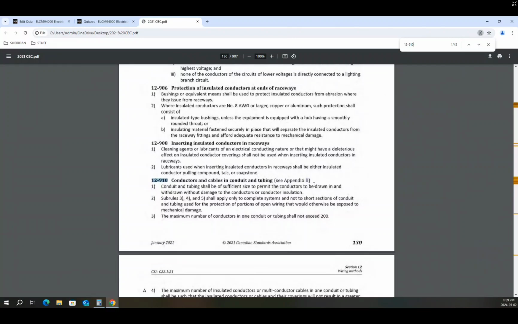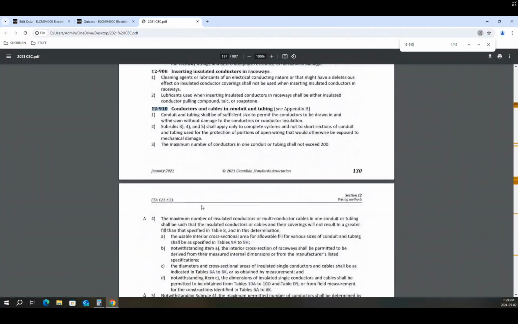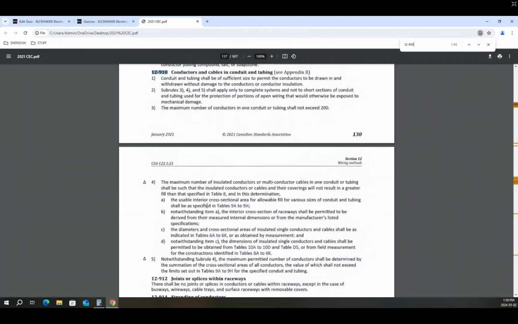Conduit tubing shall be sufficient size to permit the conductors to be drawn in without damage. The number of insulated conductors in conduit tubing shall be such that the insulated conductors or cables and their covering shall not result in fill greater than specified in Table 8.